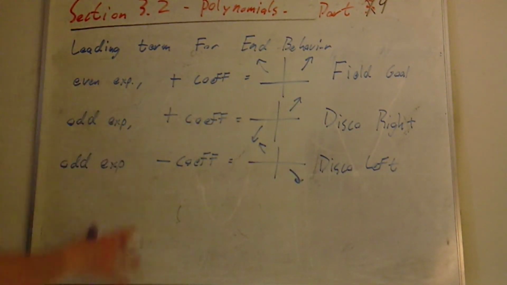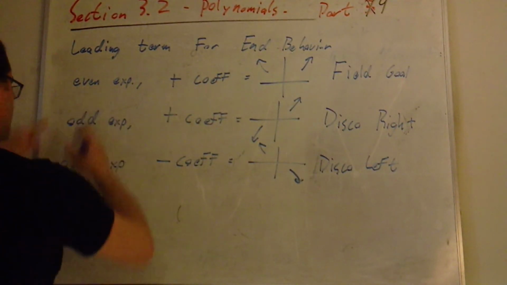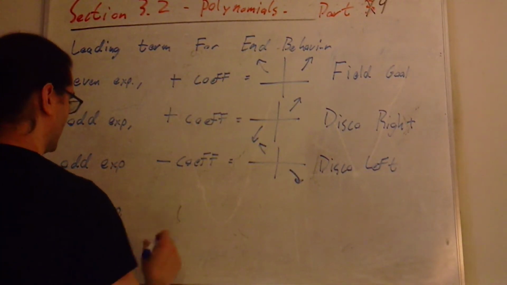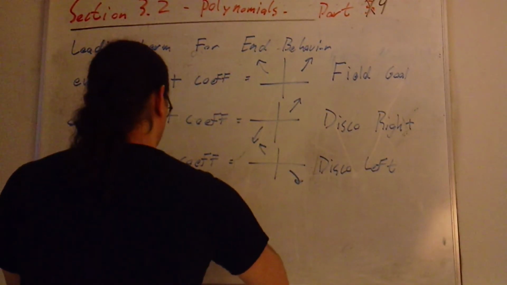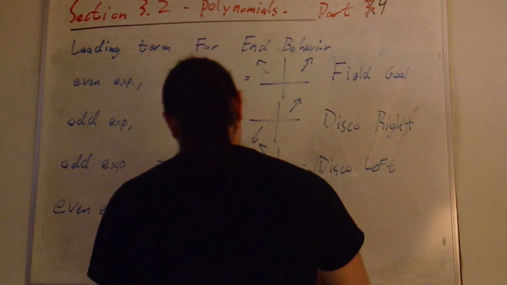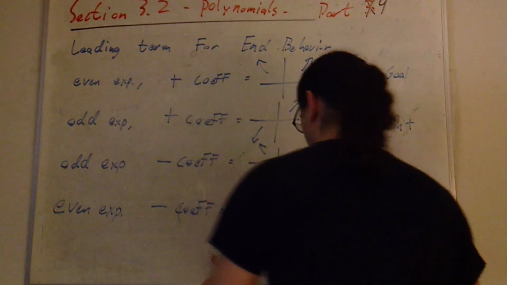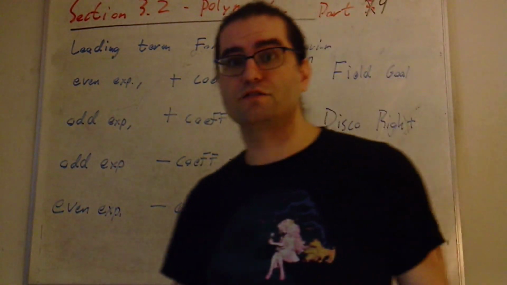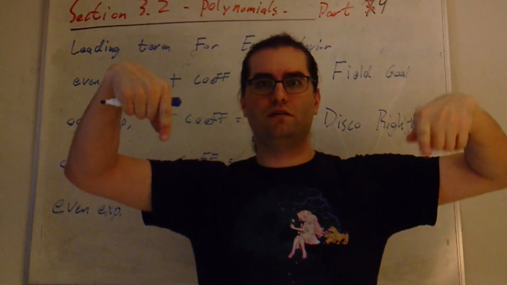And the only other combination that we can get out of this is using an even exponent and a negative coefficient. And in that case, it's going down in both directions, going down to the left and down to the right. And that is one that I affectionately call hammer time.